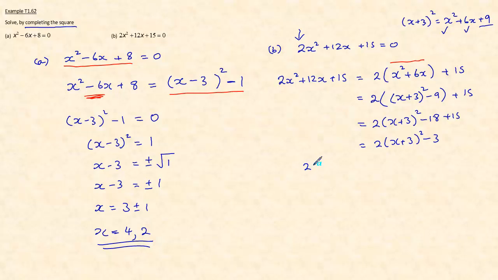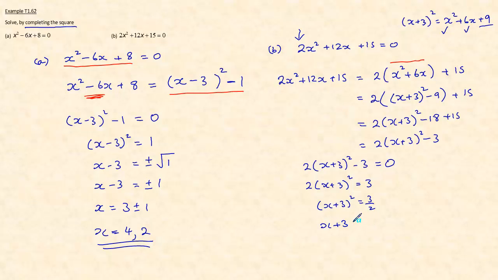So we have twice x plus 3 all squared, take away 3 is equal to 0. So that gives me twice x plus 3 all squared is equal to 3. So x plus 3 all squared is equal to 3 over 2.